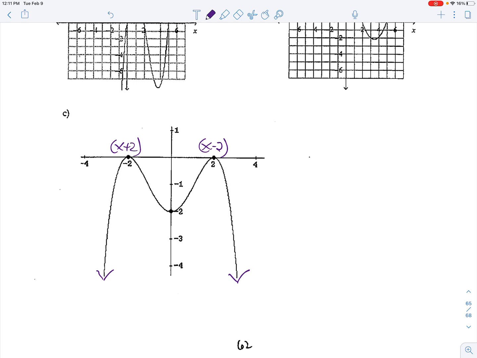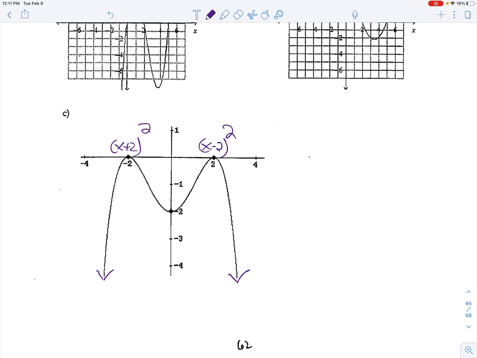So we're working backwards, right? 2 is a root, meaning x minus 2 is a factor. Negative 2 is a root, meaning x plus 2 is a factor. Now they're both tangent here, right?